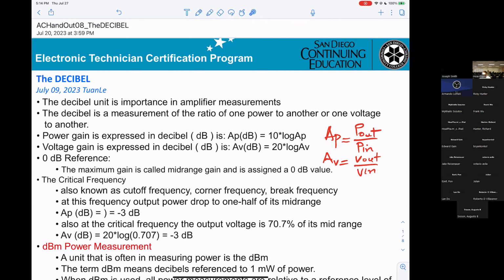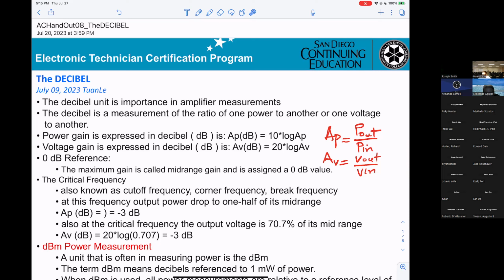It is also known as the cutoff frequency or corner frequency or break frequency. Either one, cutoff frequency or critical frequency or break frequency, they are the same.